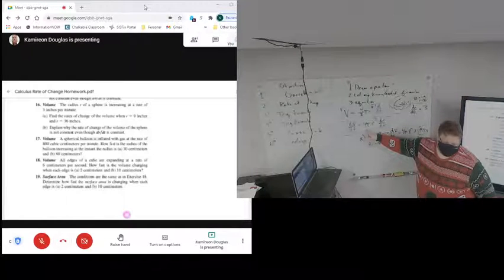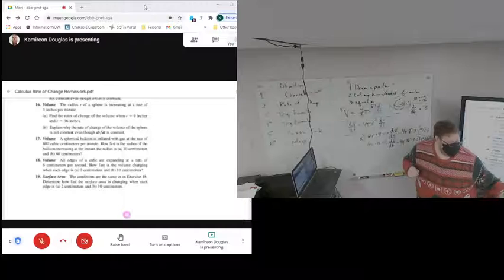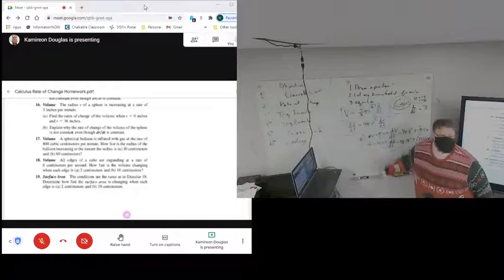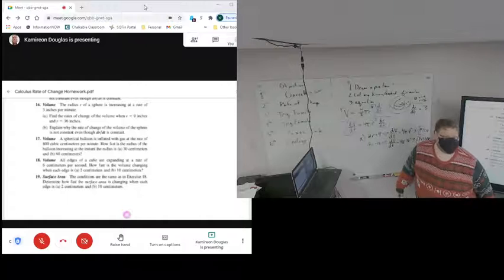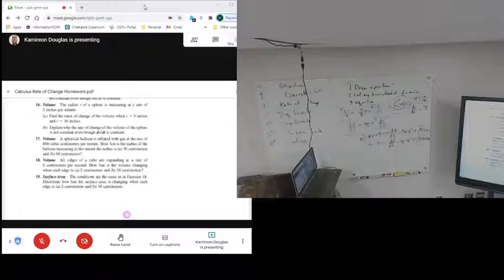Pi, constant. dr/dt, constant. Times r squared, which is changing, as you said. Because the radius is changing, dV/dt must change too. One more time: because the radius is changing, dV/dt must change too. Thereby it cannot be constant.